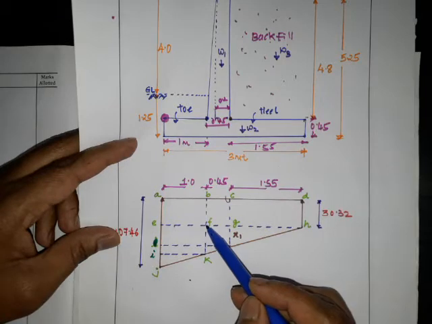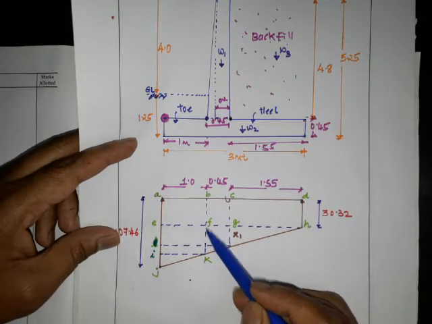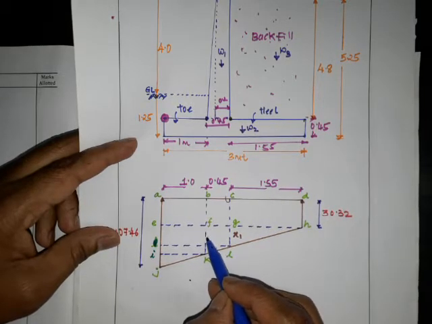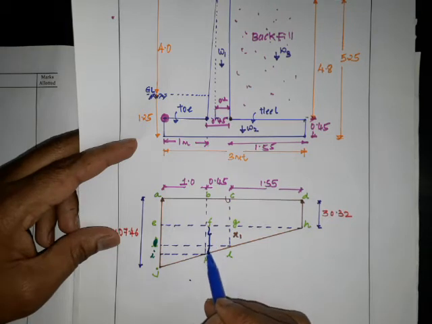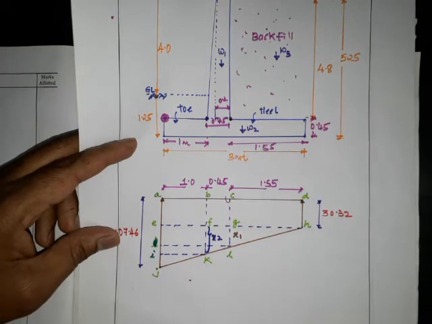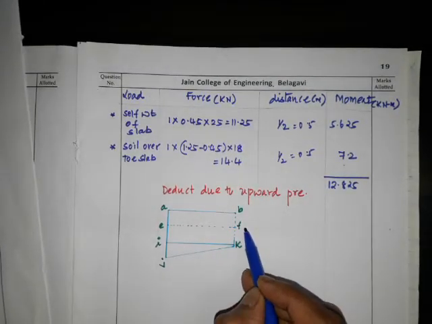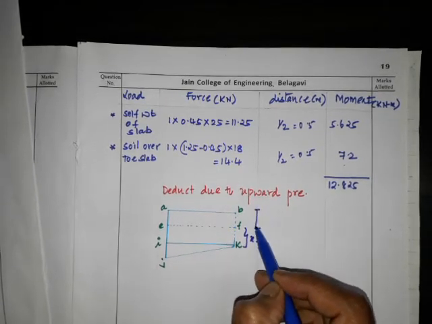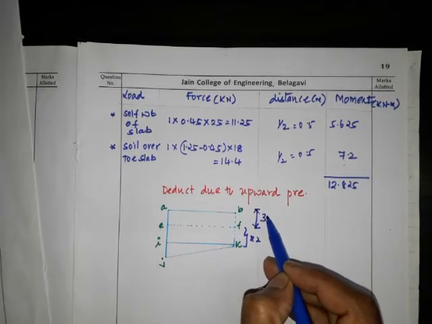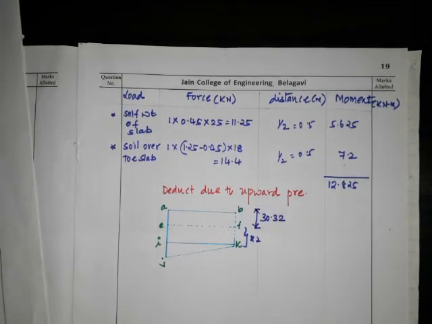Now we have to find out what is FK. This height you have to find out. So I'll consider this as x2. This height from here to here I'll consider as x2. Understood? So this height I'll consider as x2. This I already know. This is already 30.32.